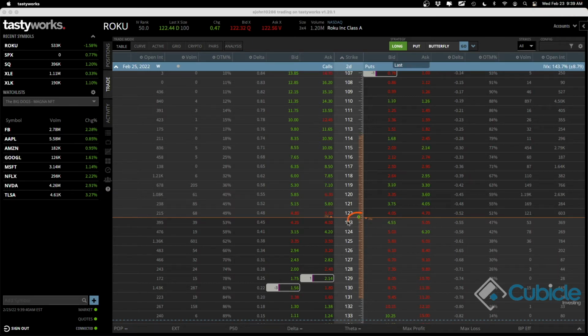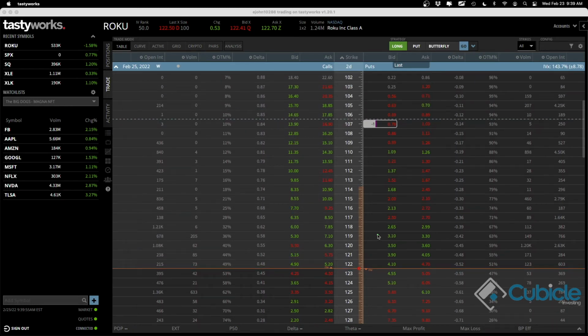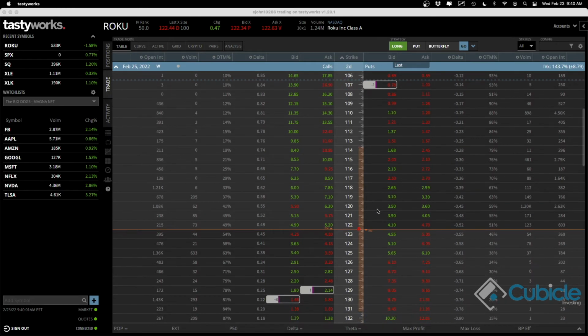And so the objective of this trade is basically for Roku to stay in between my strike price on the call side of 130 and my strike price on the put side of 107, right?